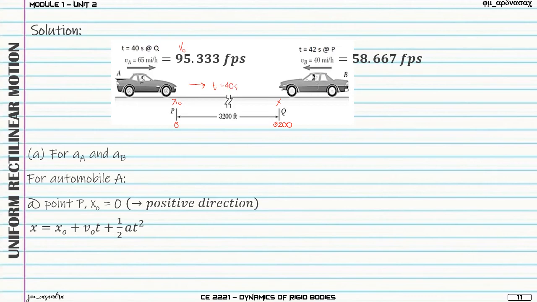So we'll now have 3,200 is equal to 0 plus 95.33 times 40 plus 1/2 a times 40 squared. Computing now the value of the acceleration of A, we arrive at negative 0.767 feet per second squared.